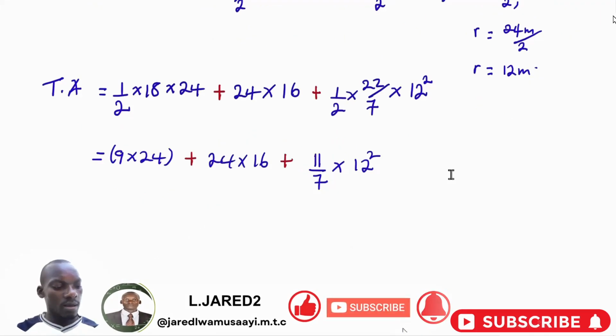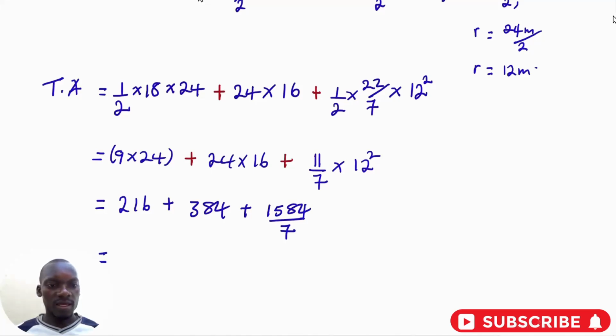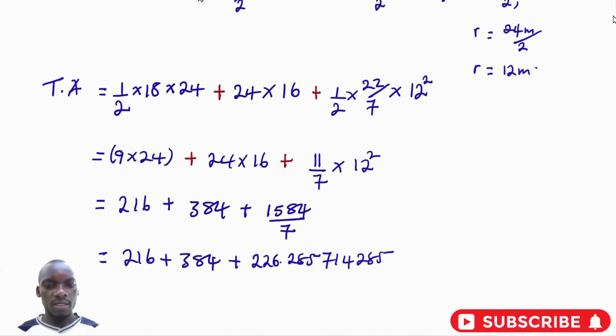24 multiplied by 9 gives us 216, then plus the 24 multiplied by 16, which gives us 384, plus 12 squared multiplied by 11, which gives us 1584, but divided by 7. As we continue simplifying, the 1584 divided by 7 gives us 226.28571.